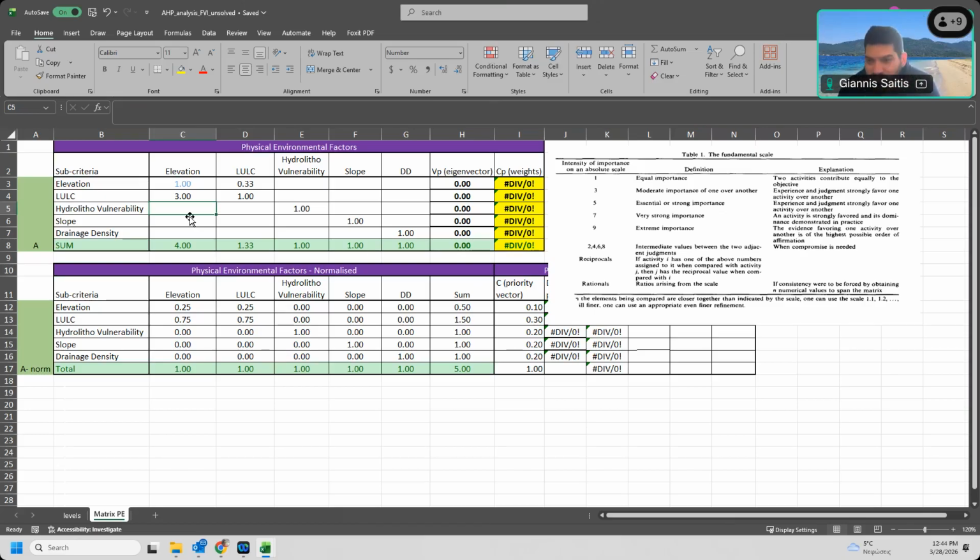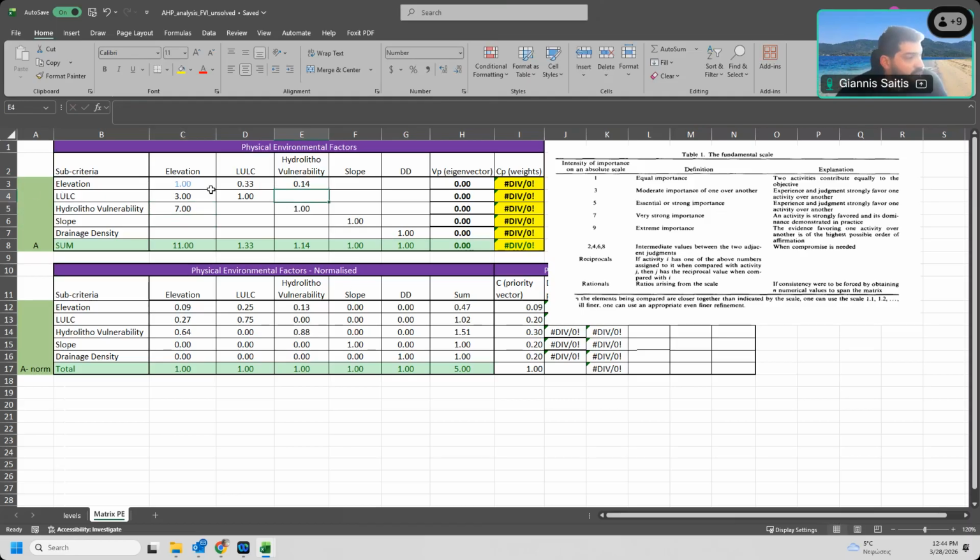Anybody else have a different opinion? 7 is very strong importance. We agree. Good, let's put 7. So here we put 1 to 7.